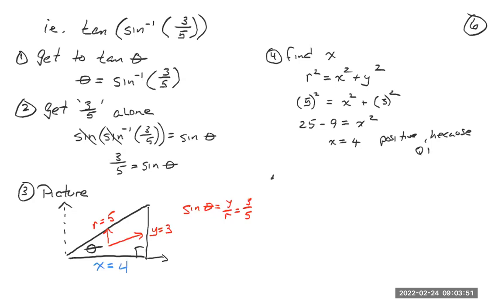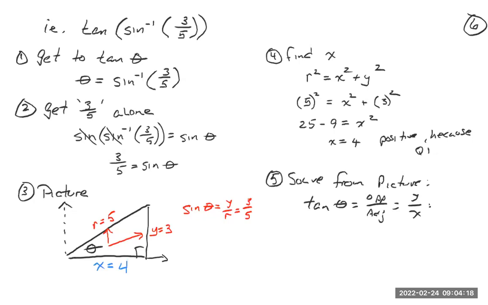And now the easiest step of all, solve from picture. Tangent of theta is the opposite over the adjacent, or y over x, and that is simply 3 over 4.